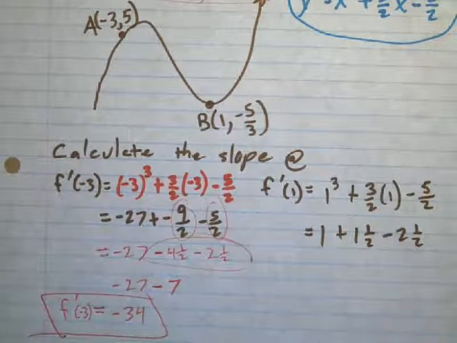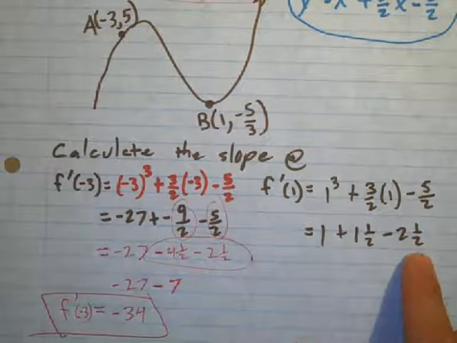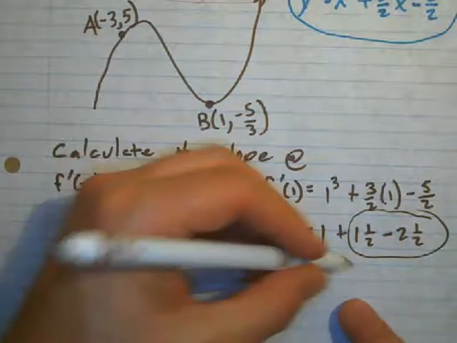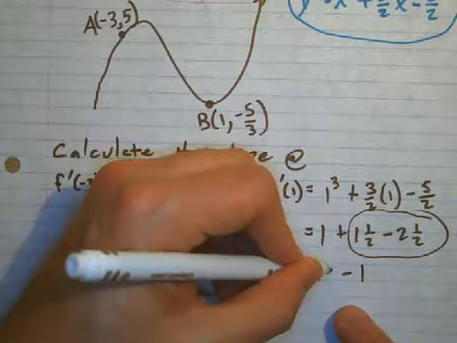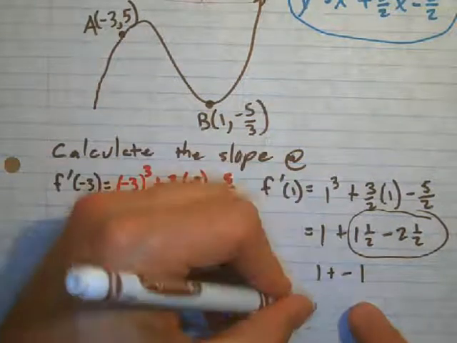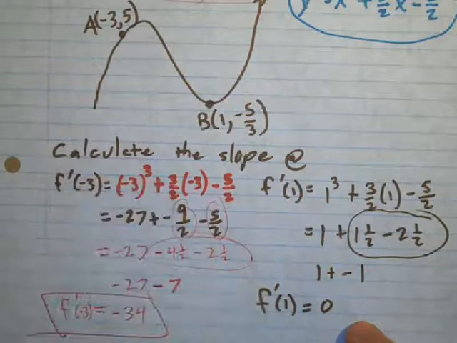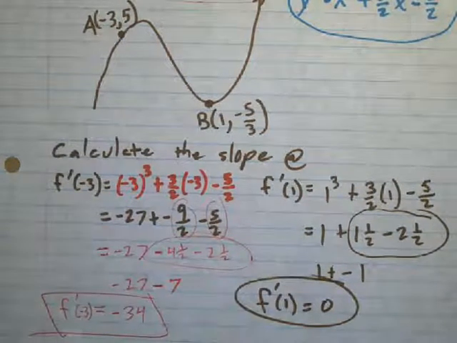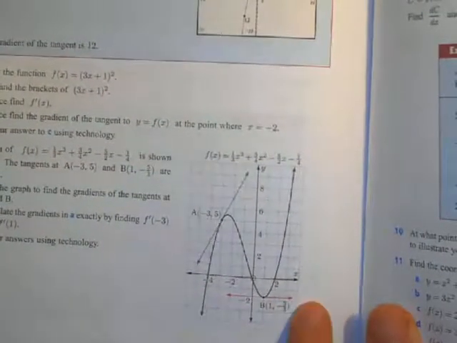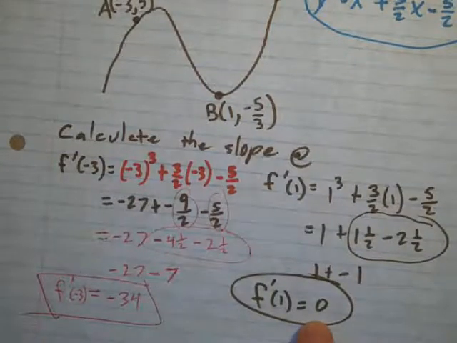So what is 1.5 minus 2.5? Negative 2.5 plus 1.5 is going to give me minus 1, right? So 1 plus negative 1, that's going to give me 0. Which makes sense, because if you look at the picture they gave you in the book, this is a horizontal line, the slope of that is 0, and it makes sense that I should get a slope of 0.